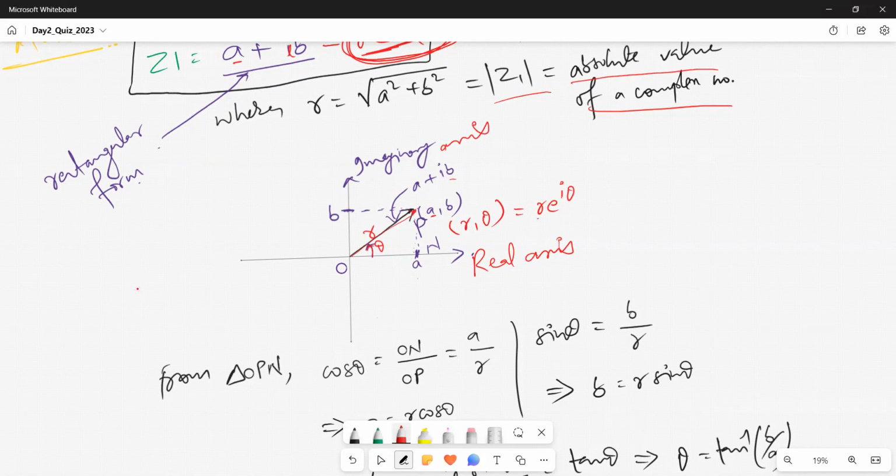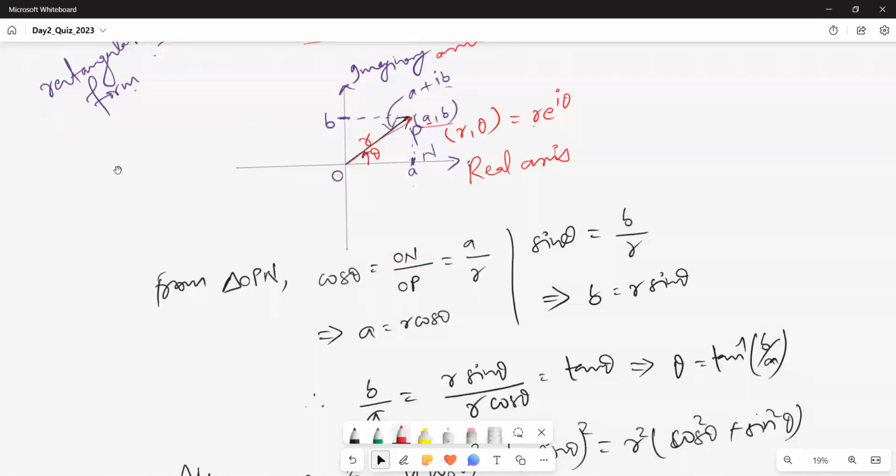This is the representation in the complex plane. If you convert it into polar form, we write a comma b as r comma theta, where r is your absolute value, and theta is the direction from the positive x-axis. Remember, positive x-axis, not just x-axis.